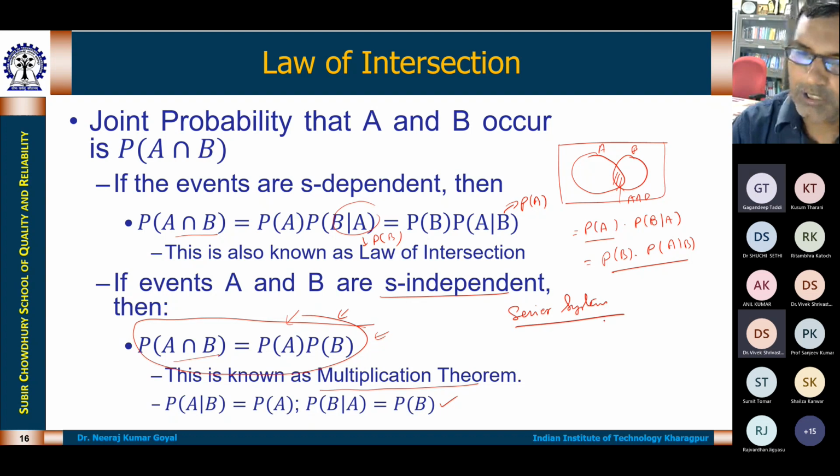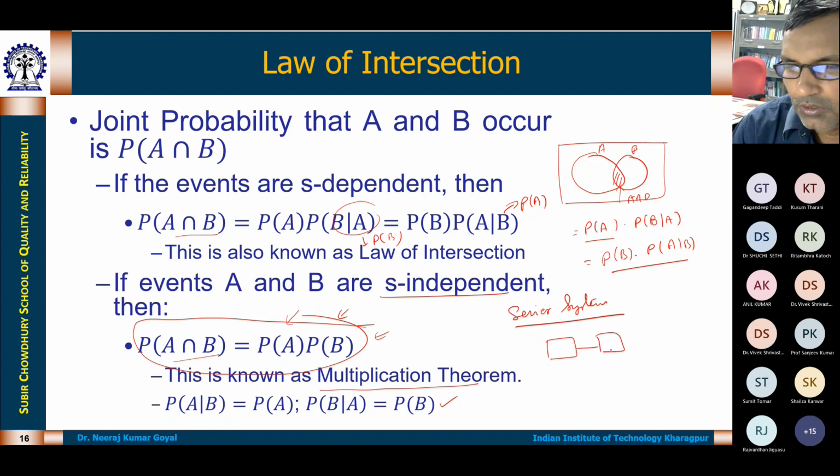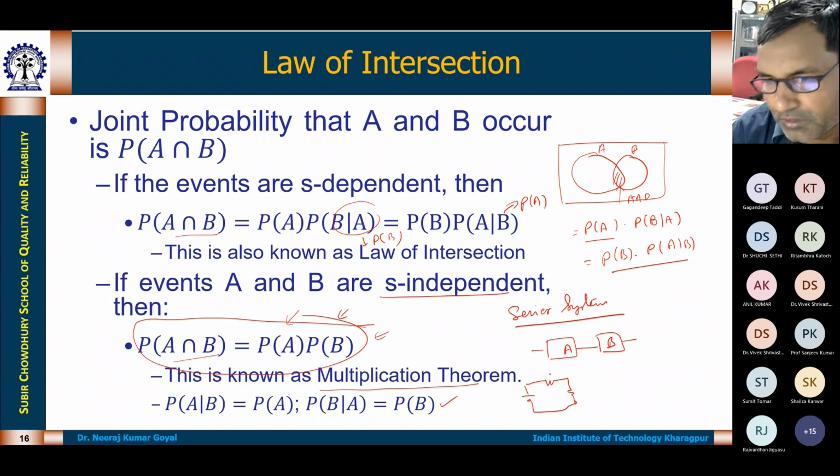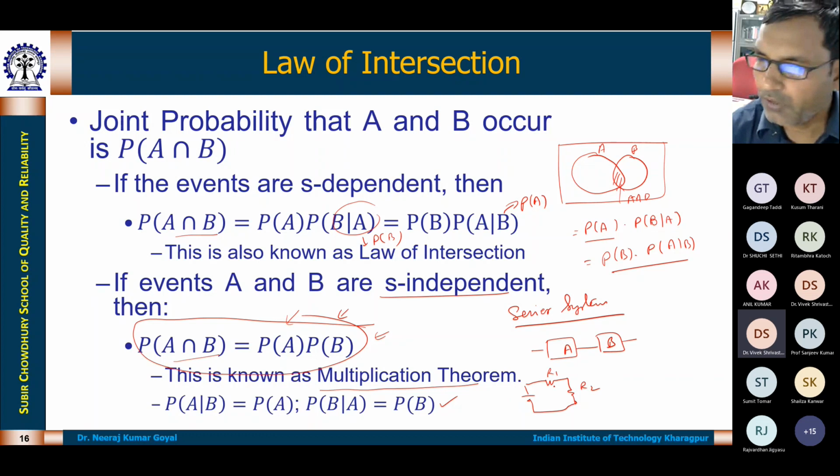Okay. What is a series system? In a series system, we say that we have two elements, let's say A and B. The system will be reliable only when both of them are reliable. So I took the example of, let's say, a voltage divider, right? In a voltage divider circuit, if either of R1 or R2, if anyone fails, will the system work?